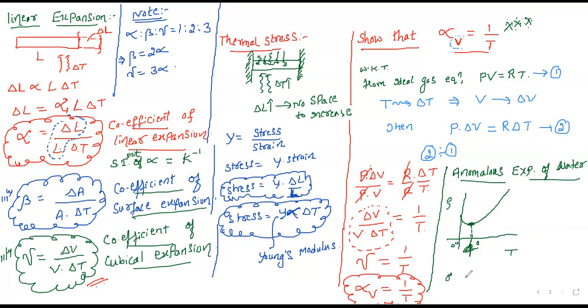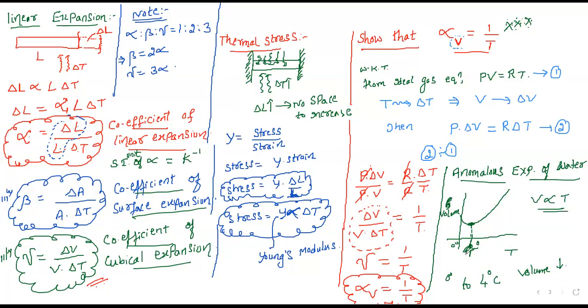So from 0 to 4 degrees Celsius, the volume actually decreases. You know that volume is directly proportional to the temperature. As temperature increases, we should get an increase in volume, isn't it?